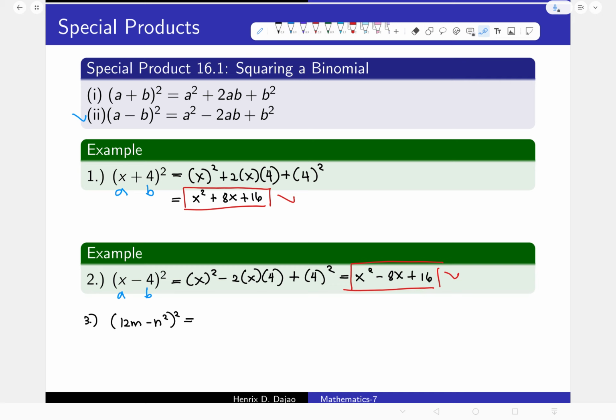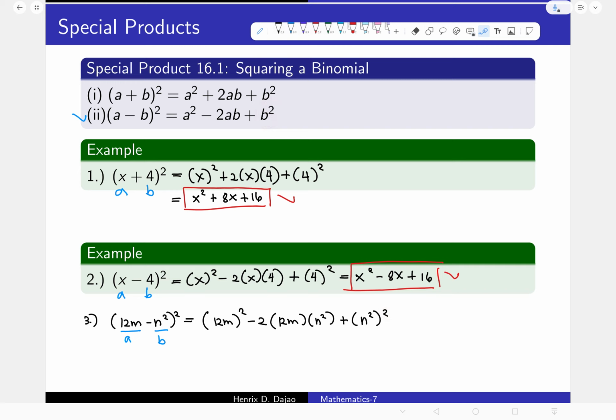This one is in the form of a minus b squared, so we can apply 2i and then just simply follow the pattern. Our a here is 12m and your b here is n squared. So the pattern is a squared, so 12m squared, minus 2 times your a, 12m, and your b, n squared, plus b, which is n squared, then you have to square it again because of the pattern. This one is this one.